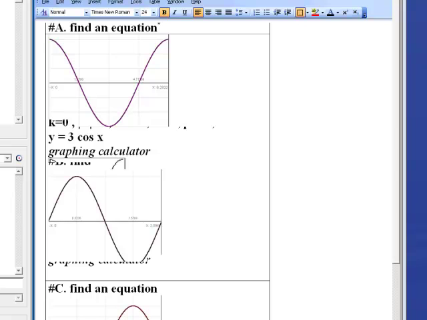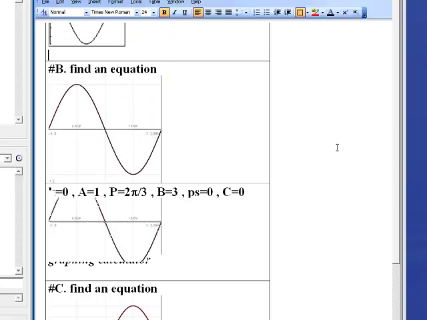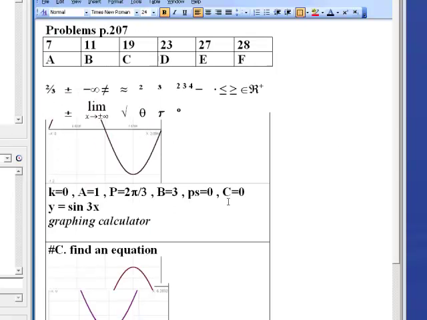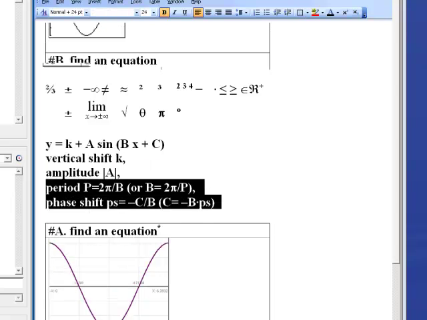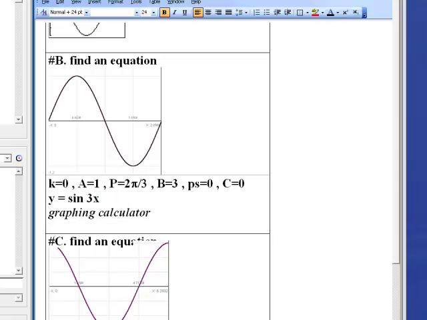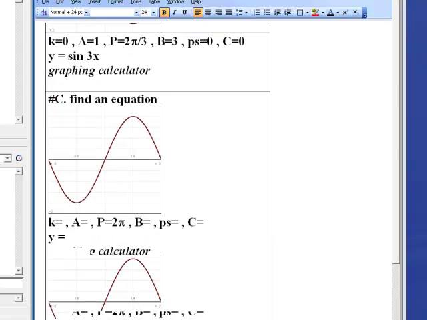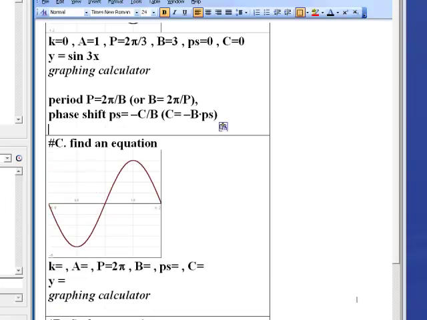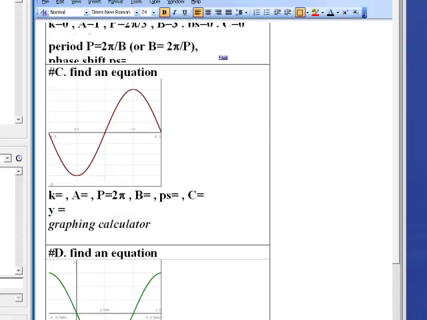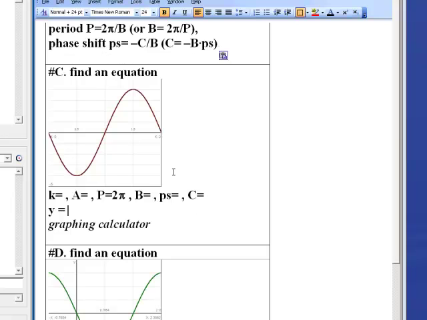Okay. The next one, oh, I wanted to take something along, which are these two equations. All right, almost there. Okay, this one here starts at 0 and then goes down a wonderful period.